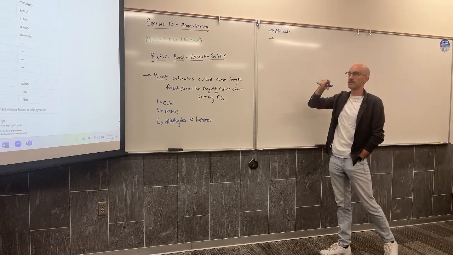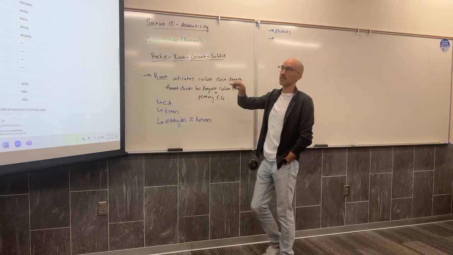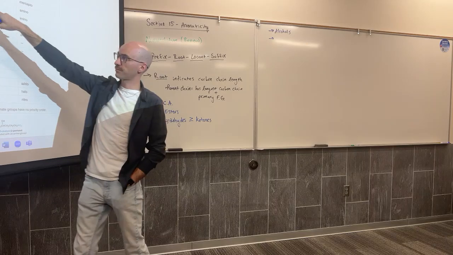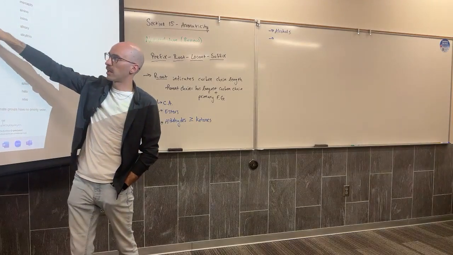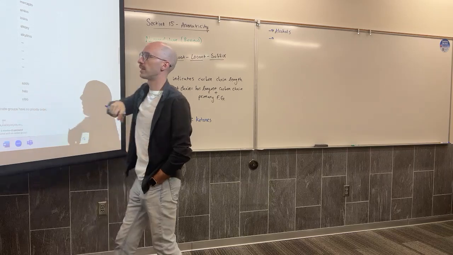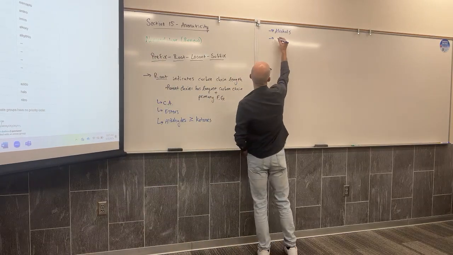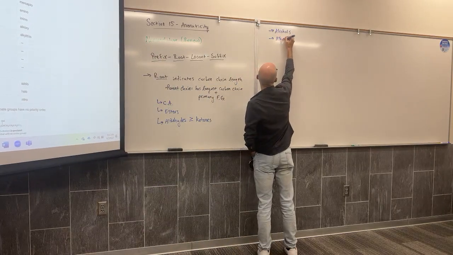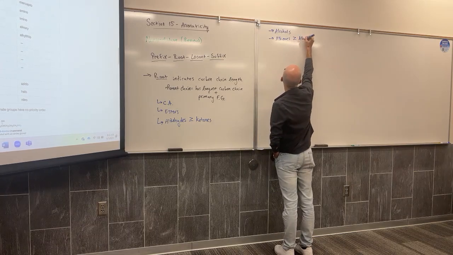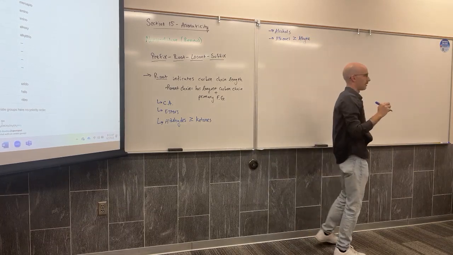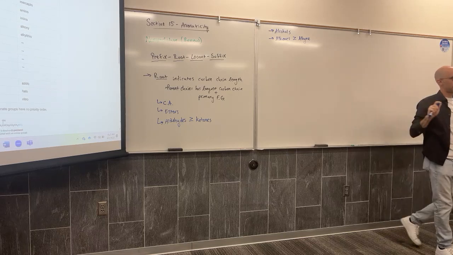After alcohols, we won't be doing a lot of naming with amines. We won't be doing a lot of naming with ethers. So then afterwards, we'll look at our alkenes, which are equal to or greater than in priority to alkynes.